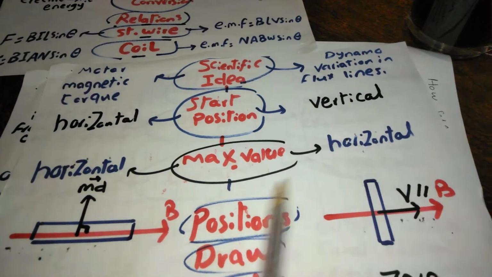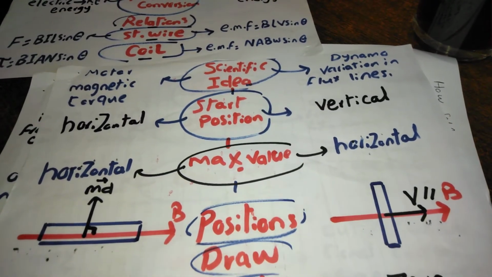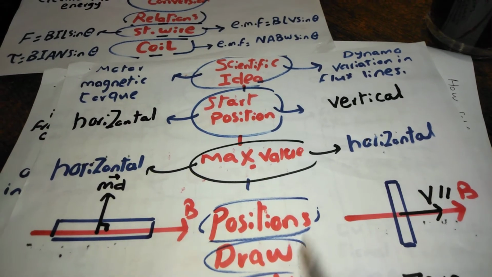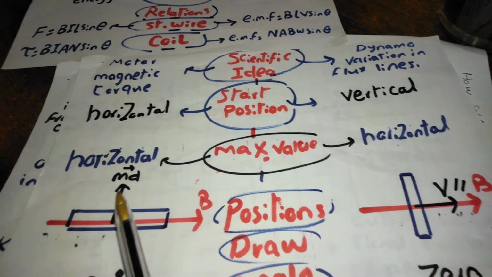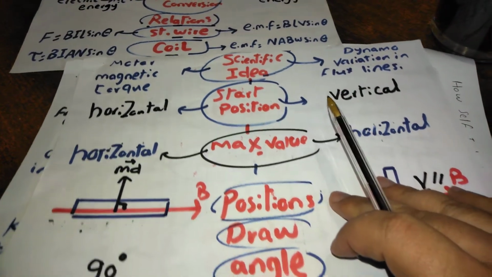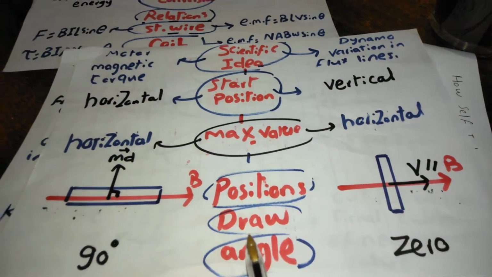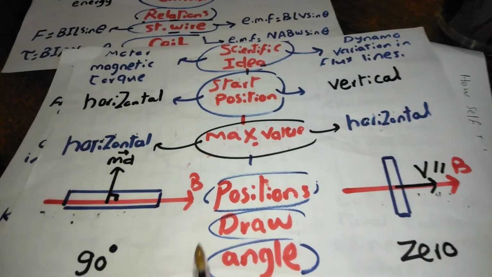We may give the dynamo its rotation through the horizontal position, while as I mentioned, the motor must start rotation from the horizontal position.